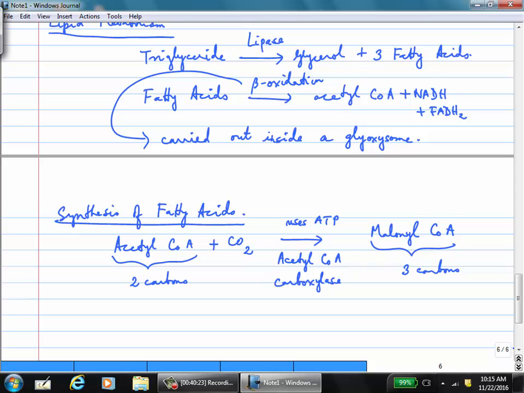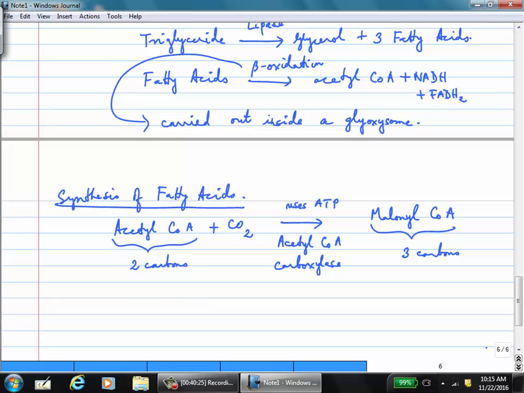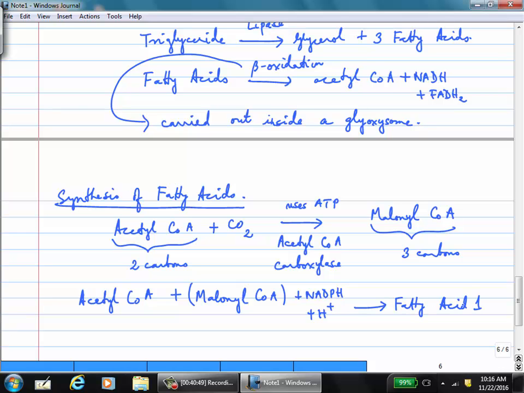In the next step, acetyl coenzyme A is going to react with malonyl coenzyme A that you have just produced. And then there will be other stuff too that go in, like NADPH plus H plus and so on. And it produces a fatty acid 1, plus carbon dioxide and so on. Let's not worry about the other things.